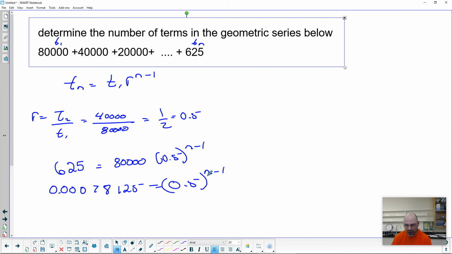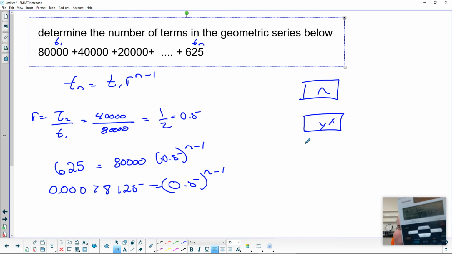So now what you've got to do is try numbers until you get this on your calculator. Remember, your power button on your calculator looks like this or like this. So you go 0.5 to the power of, I don't know what it's going to be, I'm going to guess, let's try 10. Okay, 10 is just a little bit big.